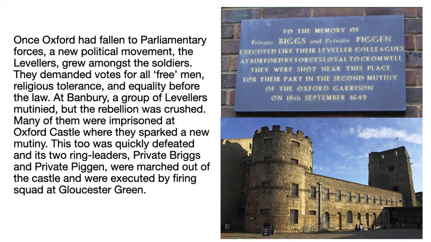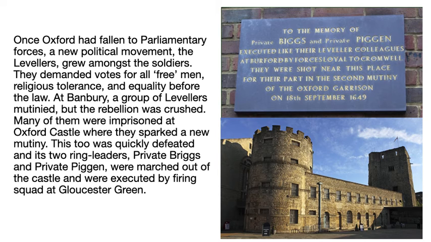Now, at Banbury, a group of levellers mutinied. That is, they rose up against their officers in the army. That's because they felt their army leaders weren't trying to bring about the equality they wanted. Quickly, however, the Leveller rebellion was crushed, and many of them were imprisoned at Oxford Castle.